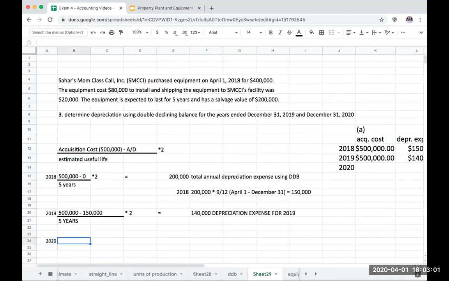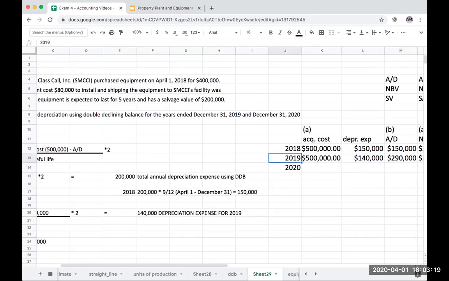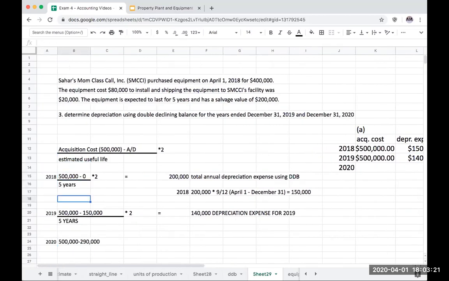So here for 2020, I have $500,000 minus $290,000, because that is the amount of my accumulated depreciation. Where did the $290,000 come from? Well, in 2018, I depreciated it by $150,000. 2019 is $140,000. So my total accumulated depreciation is $290,000. I divide this by 5 years.